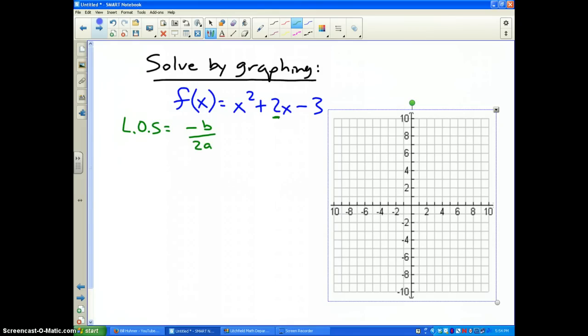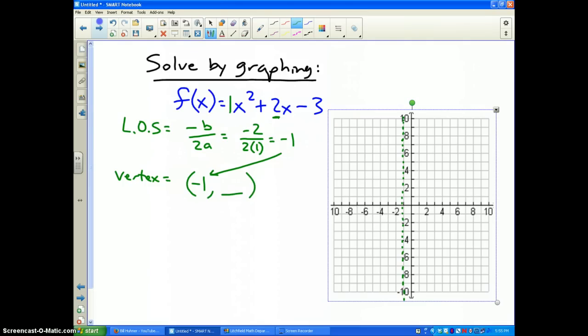Well, the b value is 2, so I'll put that in for b. The a value is 1, so I'll take negative 2 over 2 times 1, which comes out to be negative 1. So my line of symmetry on my graph of my parabola is that green dotted line. Now, if you remember, that's the x-coordinate of the vertex.